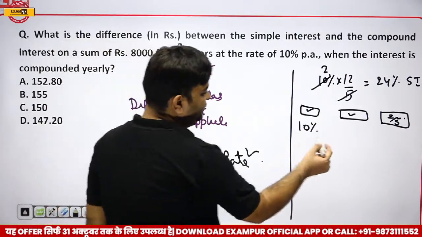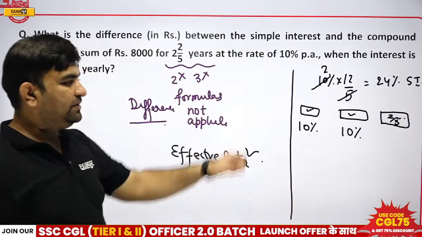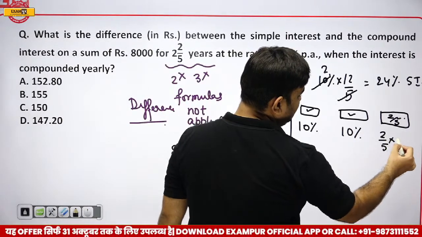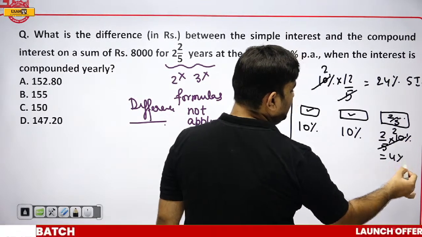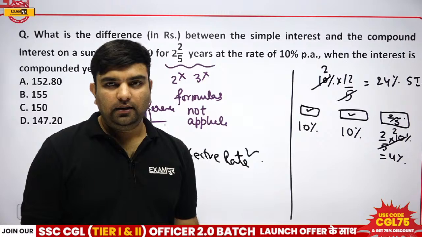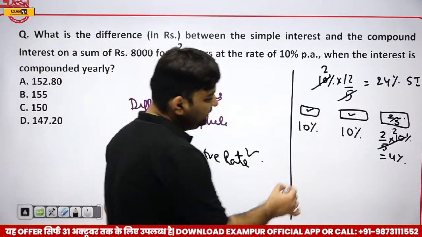So in the first year you will get 10%. In the second year you will again get 10% because 10% is the rate. In the third year you will get 2 by 5 of 10%, that is 4% rate. But it's not a direct addition in compound interest, it's the effective.